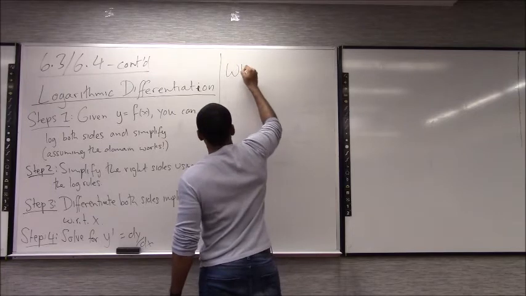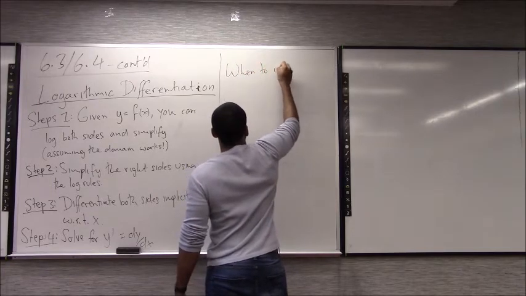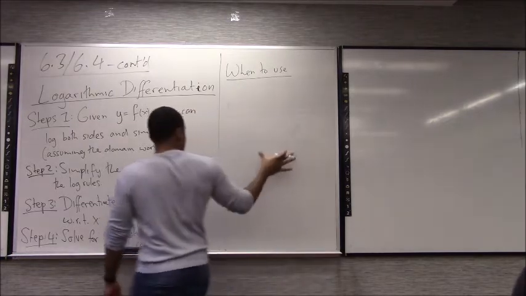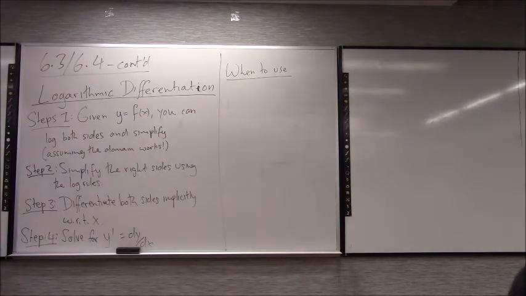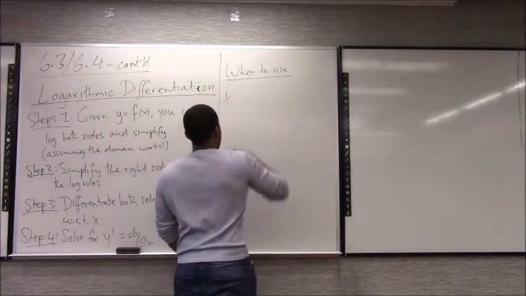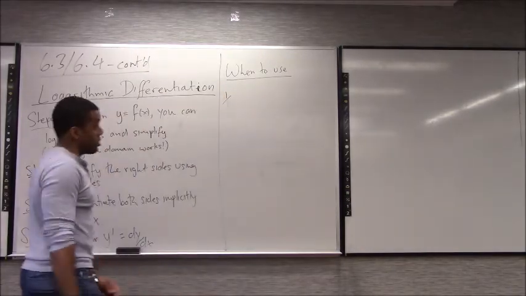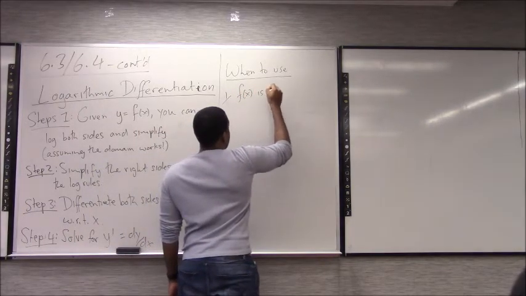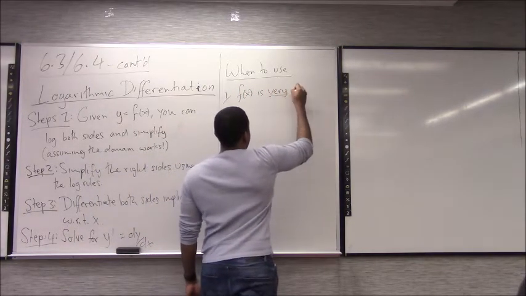When to use? Okay. So we saw that guy and we realized that doing that using our regular rules would be really messy. And so that's one reason why you might want to use something like logarithmic differentiation: f of x is very messy.